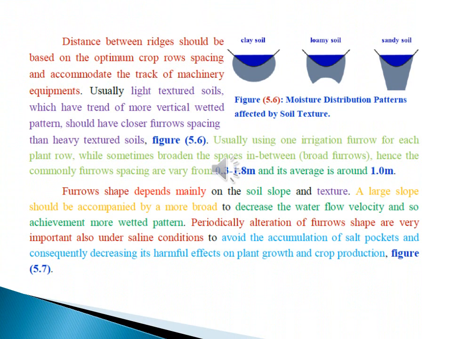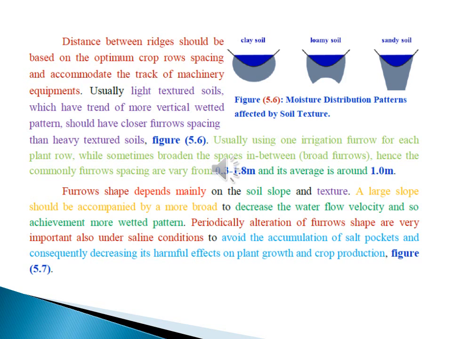Distance between ridges should be based on the optimum crop row spacing and accommodate the track of machinery equipment. Usually, light texture soils have closer furrow spacing than heavy texture soils. The common furrow spacing varies from 0.3 up to 1.8 meters and averages around 1 meter.